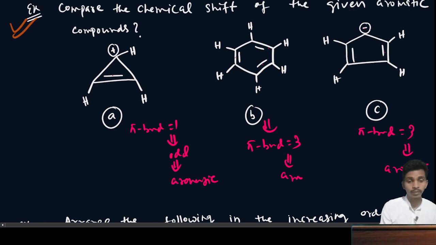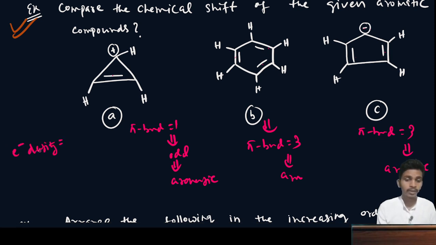For this case we will calculate the electron density. So electron density is equal to the number of pi electrons upon the number of protons. That is the thing.